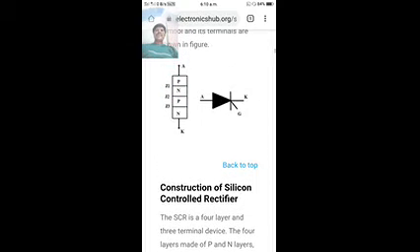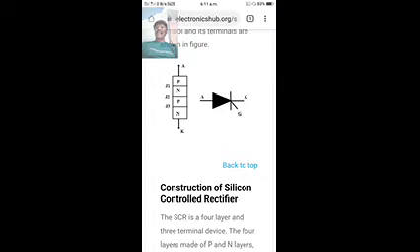The biasing condition of the junctions J1, J2, J3 depends on the polarity of the voltage applied to the terminals anode, cathode and gate. Biasing condition means whether they are forward biased or reverse biased.